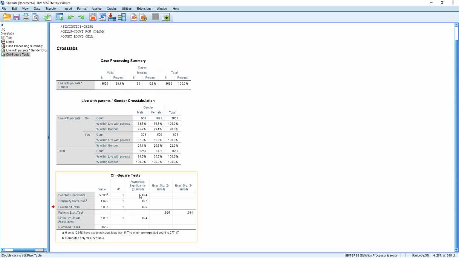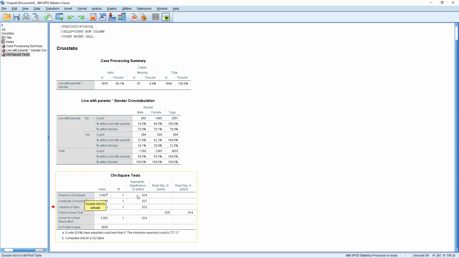The important number in this particular output is this number here, 0.024. This is the significance, and it's two-sided significance because we're not saying that the relationship goes one particular way, and a chi-squared is always looking at a two-sided significance. So when you look at the chi-square, all you need to be doing is looking at this number here.